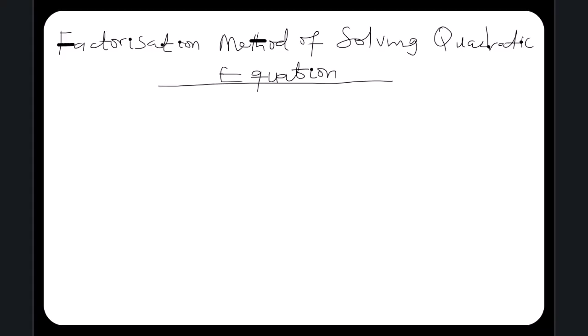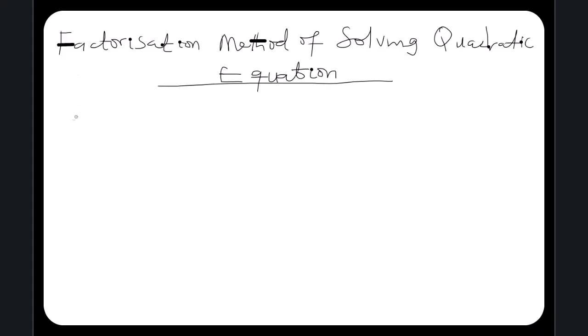There are some quadratic equations that you cannot use the factorization method to solve. So when you come across such, you'll know that you need to use another method to solve it. Now, how do we use the factorization method?